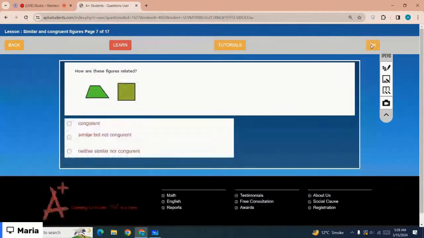How are these figures related? So, which is the correct option? They are neither similar nor congruent. Got it?